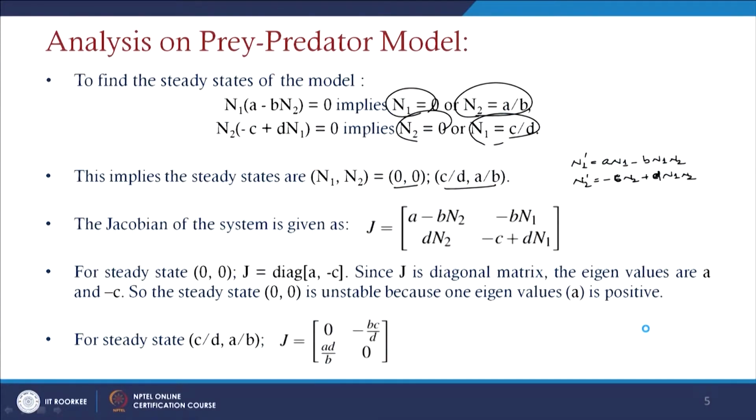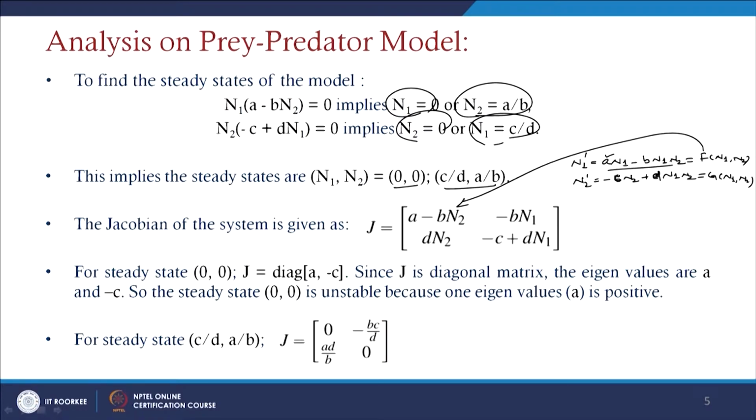If I take this differential, considering this as f of n1 n2 and this as g of n1 n2, first I take the differentiation of f with respect to n1, then I will have the value a minus b n2 from this equation.